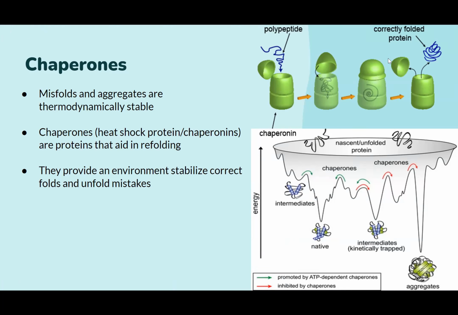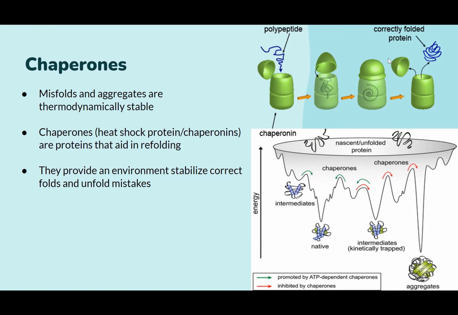And so we fold towards lower energy, but along the way, there are still intermediates and alternate shapes that proteins can take that are thermodynamically stable. Maybe not as stable as the native conformation, but still stable. And so what the cell does is it has these proteins called chaperones.